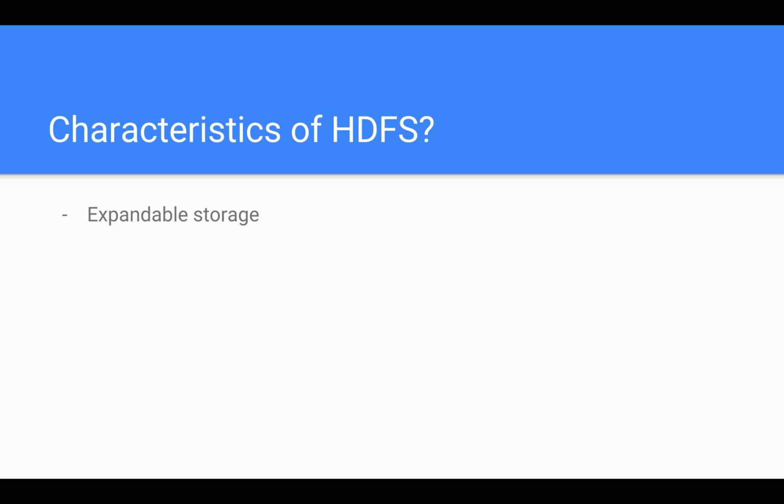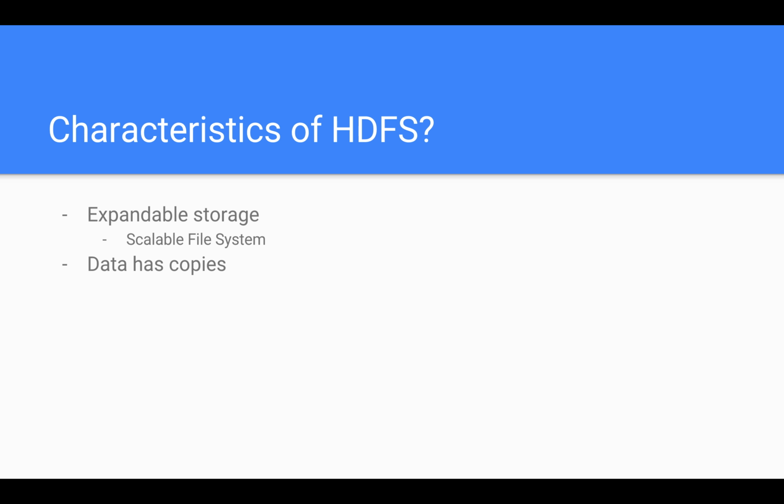Today you might have only files worth 1 terabyte, but what if every day you are adding 5 gigabytes of files into the file system? So your file system should be able to grow as time progresses. Hence, it should support expandable storage. Such systems which can grow as per demand are also called scalable systems. So essentially, HDFS is a scalable file system because big data accumulates over time.